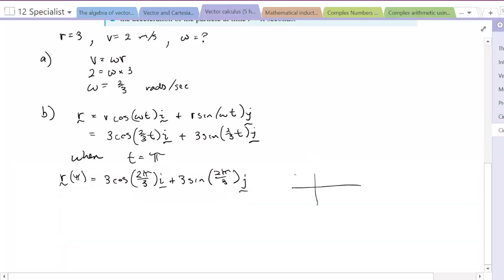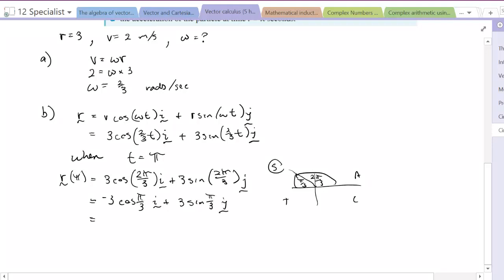Now 2/3 pi leaves us with pi on 3 to the nearest axis, and using CAST, only sine will be positive in this section. So we can say this is negative 3 cos pi on 3 in the i direction, and 3 sine pi on 3 in the j direction.